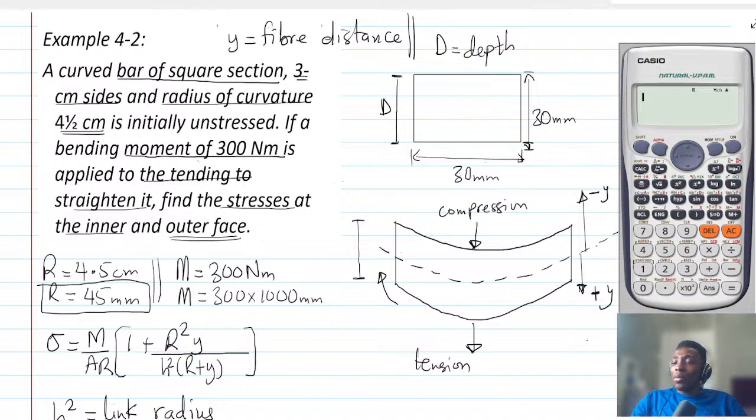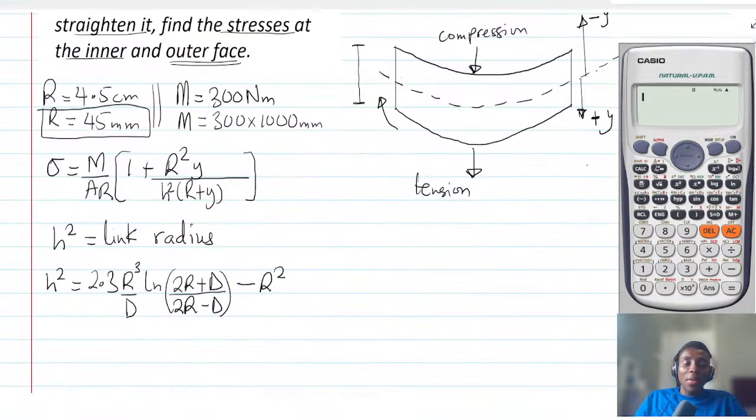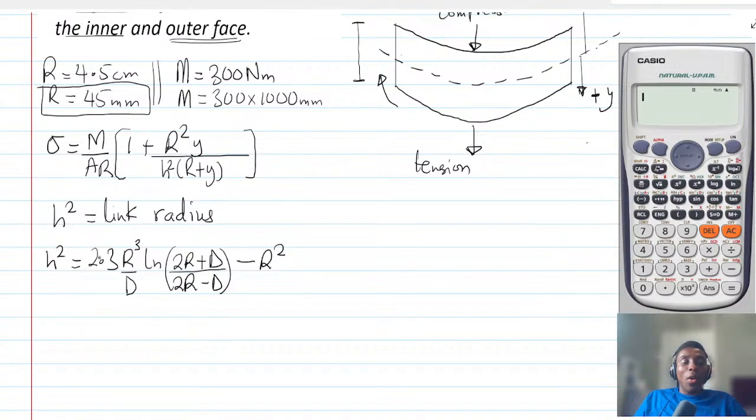So now, what are we going to do? Essentially, we have everything that we can use to solve the equation, but the a is also the area. Before we calculate this, let's calculate the link radius first, and then I'll continue with the equation.